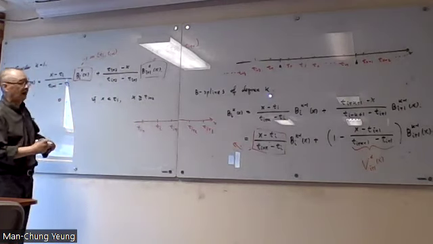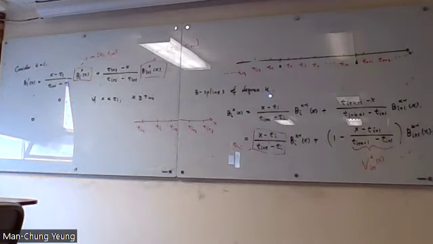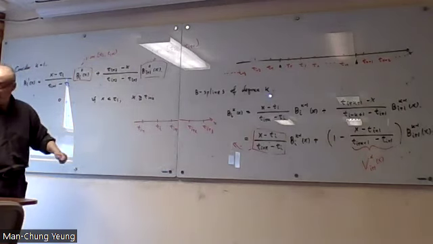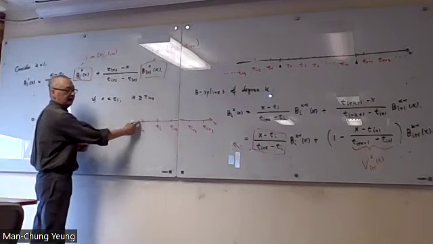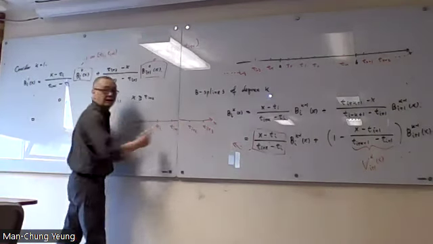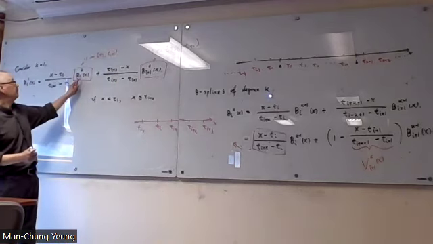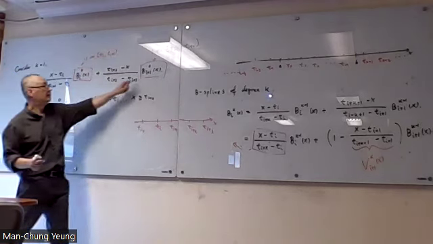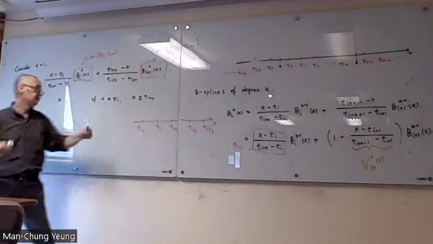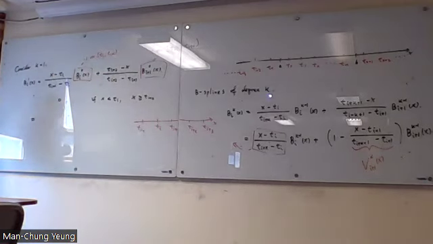So x is less than t_i, say maybe here or here. Then b_i0 and b_{i+1,0} are both 0. So this function is 0.